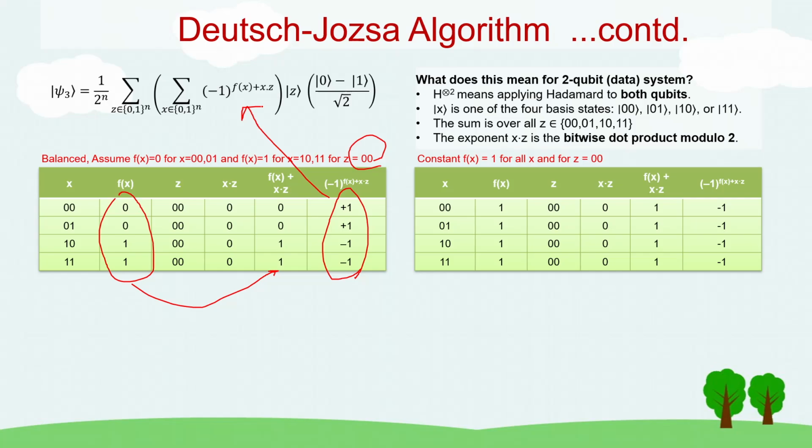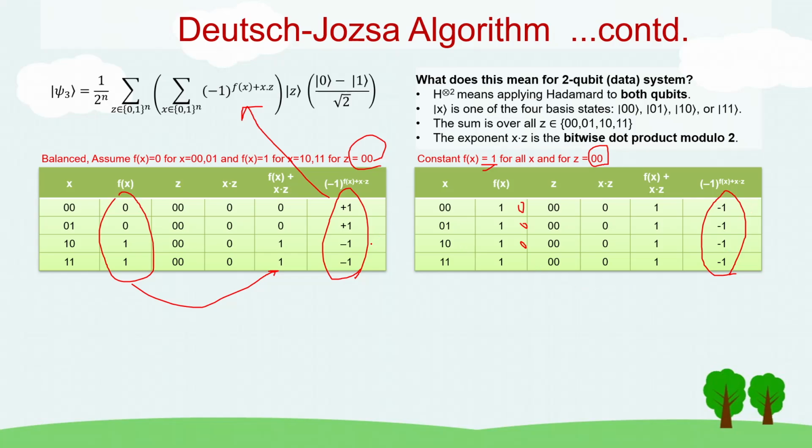So now let's take another case where f of x is constant, which will give all ones. You can also consider all zeros, but now let's see only all ones. Again, we are trying to do this computation for z equal to 00. So when you do this, you'll be surprised to see all 1s. If you use 0, you will get all plus 1, right?